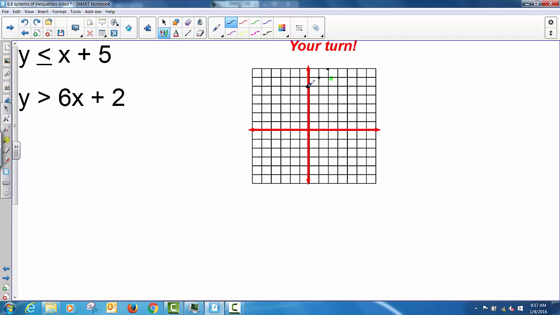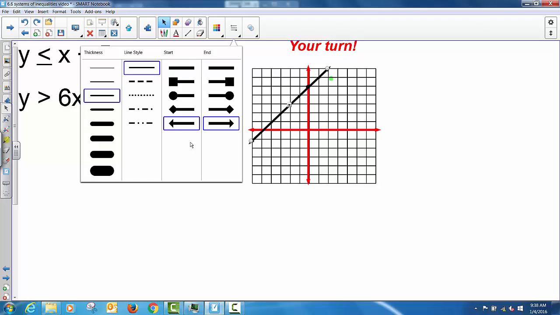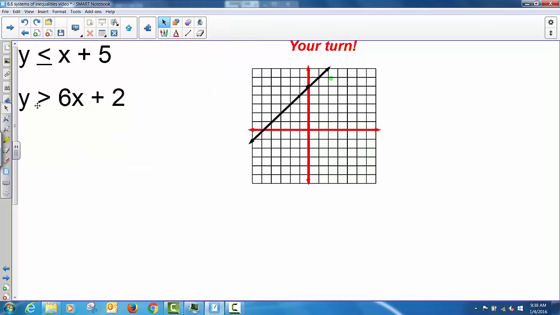That means our line is going to look like this. We can use a straight line drawer because it says y is less than or equal to. Okay, let's select this and put our arrows on the end of it. There we go. Now this one says y is greater than 6x plus 2.